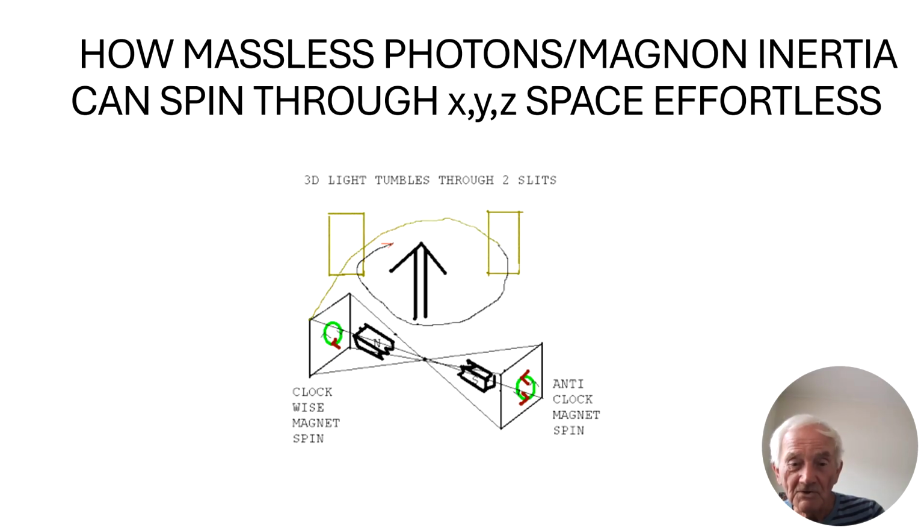The next picture we show is how we can get photons or magnons of inertia to spin through the volume of space effortlessly. If we take the left-hand side of the magnet, which is plus, and also a North Pole, the other end is the South Pole, and they spin on their central axis.